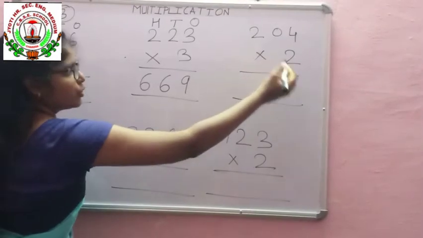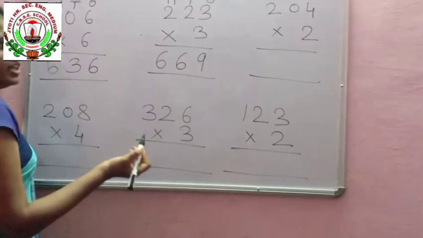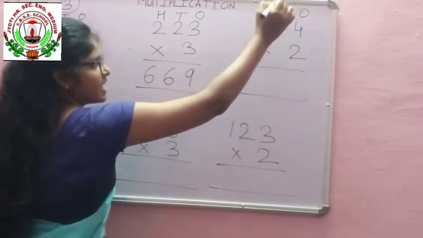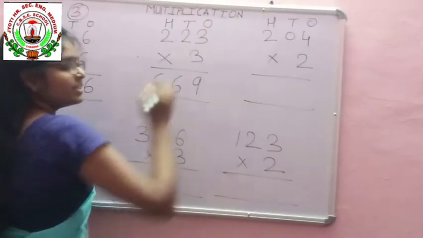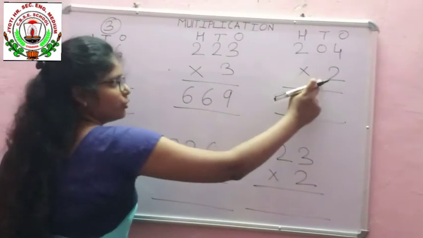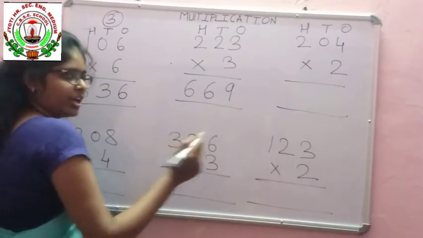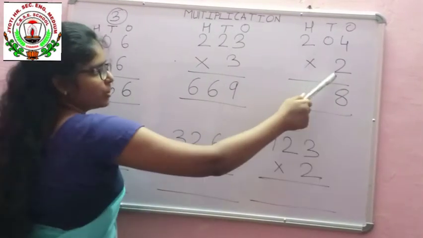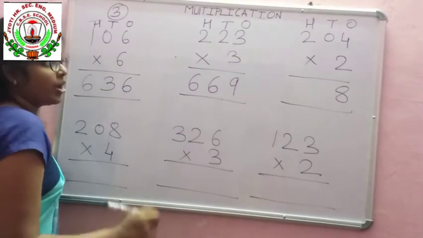204 into 2. In this question, 4 is at ones place, and 0 is at tens place, 2 is at hundreds place. So 2 fours are 8. We write 8 here. Here 2 zeros are 0.